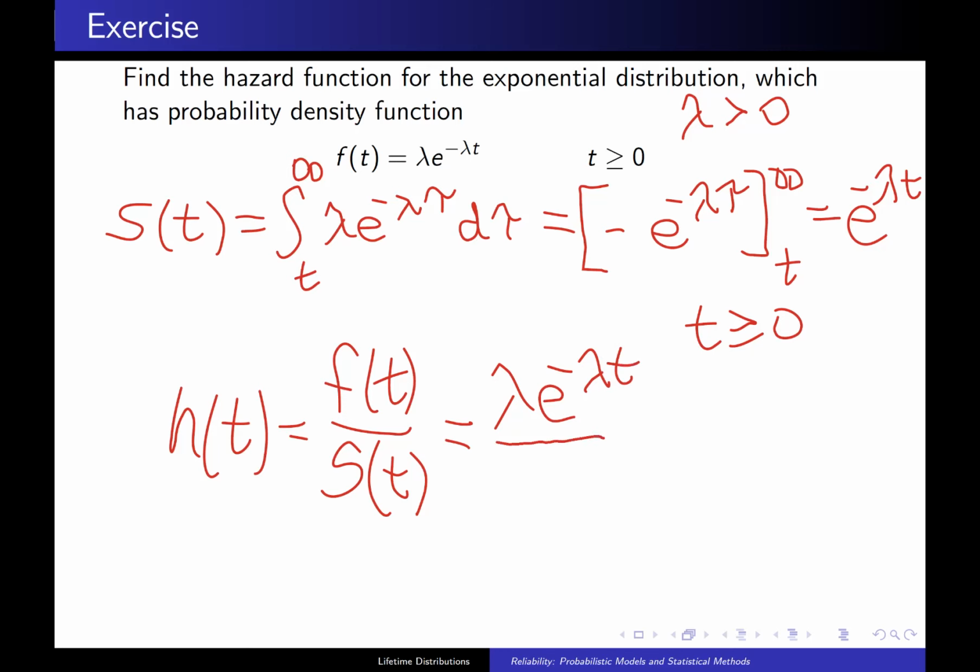And the survivor function, we just calculated that as e to the minus lambda t. The two e to the minus lambda t's cancel, and you wind up with a constant hazard function lambda for t greater than or equal to 0. And it turns out that the exponential distribution is the only continuous distribution that has a constant hazard function.